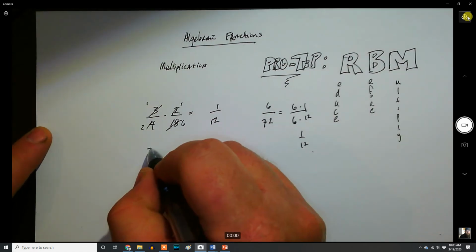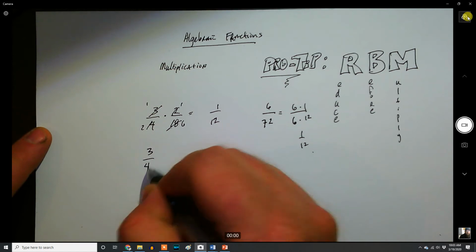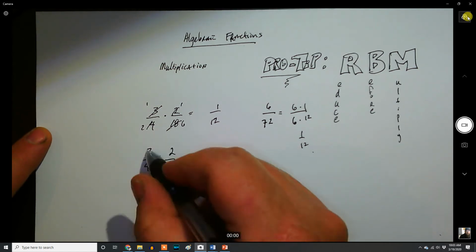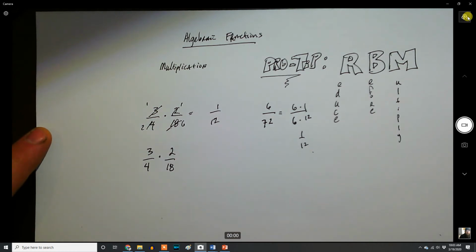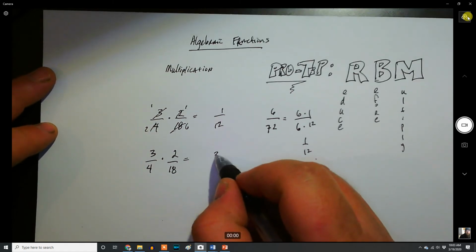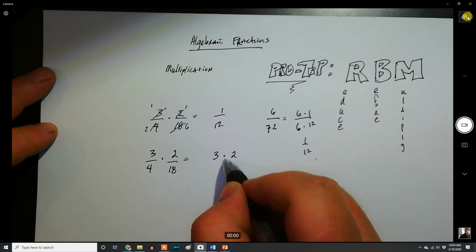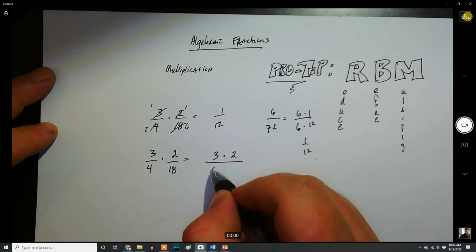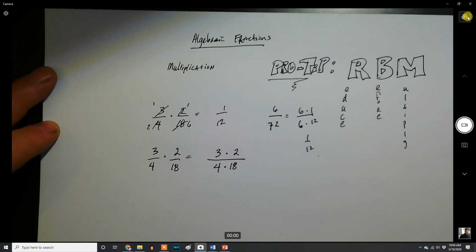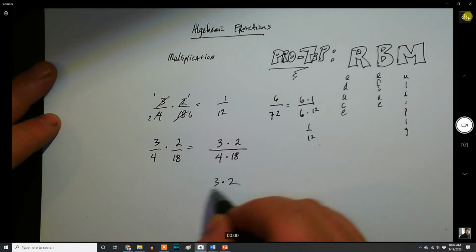Now the reason that we can do that, that's a shortcut we just did right there, where we reduced across. The reason we can do that is because you can rearrange the order when you multiply. So for example, this is 3 times 2. These two things are the same, would you agree? Those two things are the same because you multiply the numerators, you multiply the denominators. So 3 times 2.